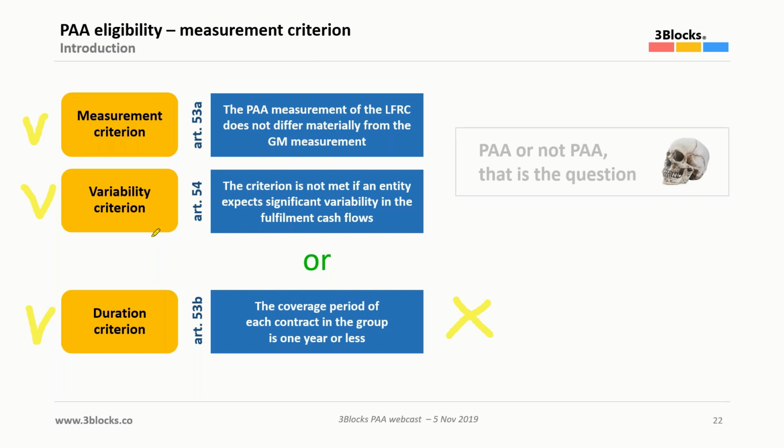This can potentially save a lot of cost and effort, because the time and effort needed to implement the PAA is much lower than the time, costs and effort needed to implement the general model. And we should remember that both the general model and the PAA give very similar results. So why invest in the general model when we get very similar results under the PAA?